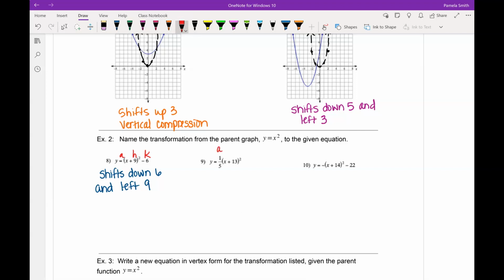So I have my a, my h, and remember, if there's nothing there, there's still a k, but if it's a 0, it doesn't affect, 0 doesn't move up or down. So in this one, a is 1/5 and h is -13. What type of transformation has happened here?